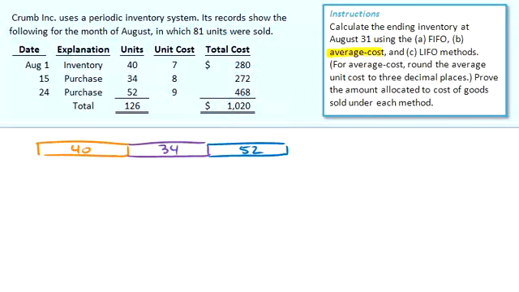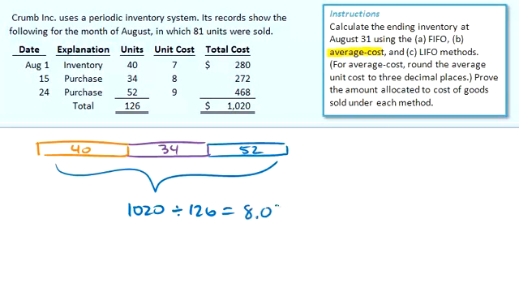With the average cost method, we're going to compute an average cost for the inventory. So we take our total cost of 1,020 and divide it by 126 units, which gives us a unit cost of about $8.09. If Crum Incorporated sells 81 units, that means that there are 45 units left in inventory.